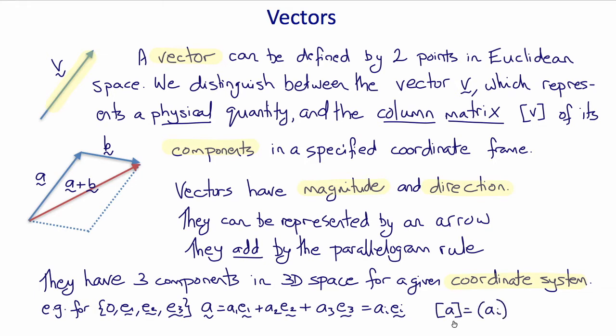The matrix A, a column matrix, is the matrix of the components of the vector. Note that the matrix does not include the coordinate system, so the matrix is not the same as the vector. The vector is the components and the coordinate system. With a different coordinate system, there would be different components.